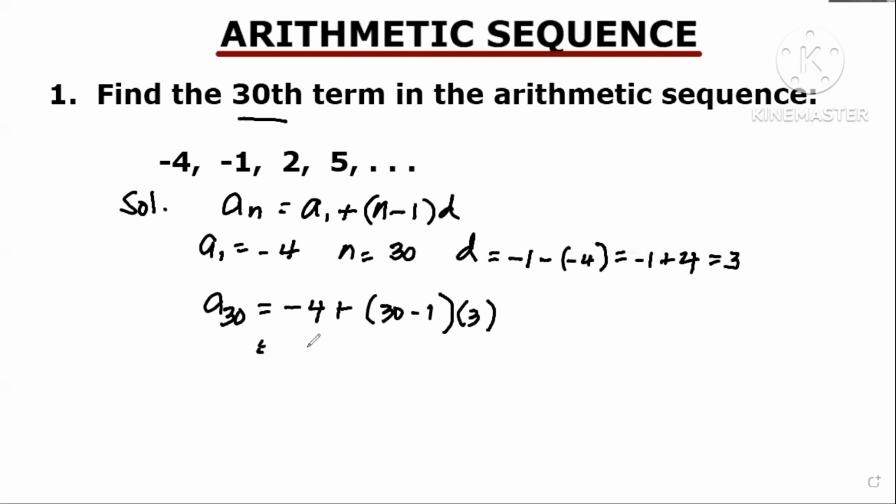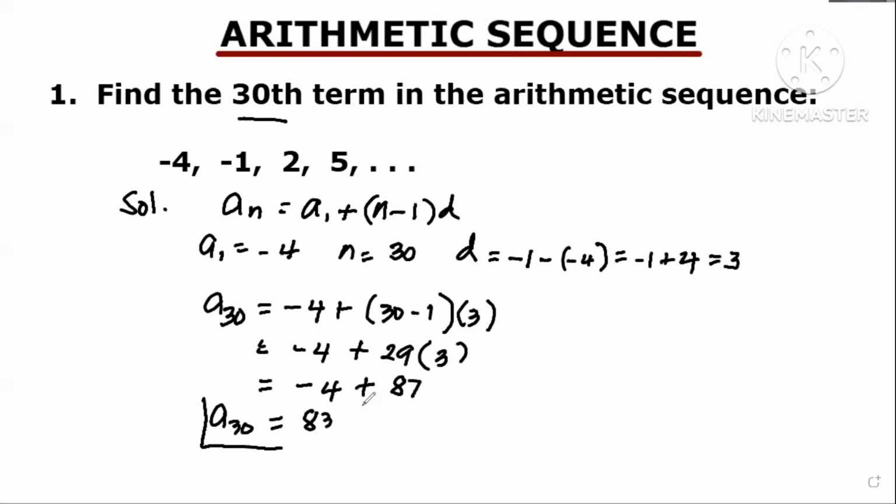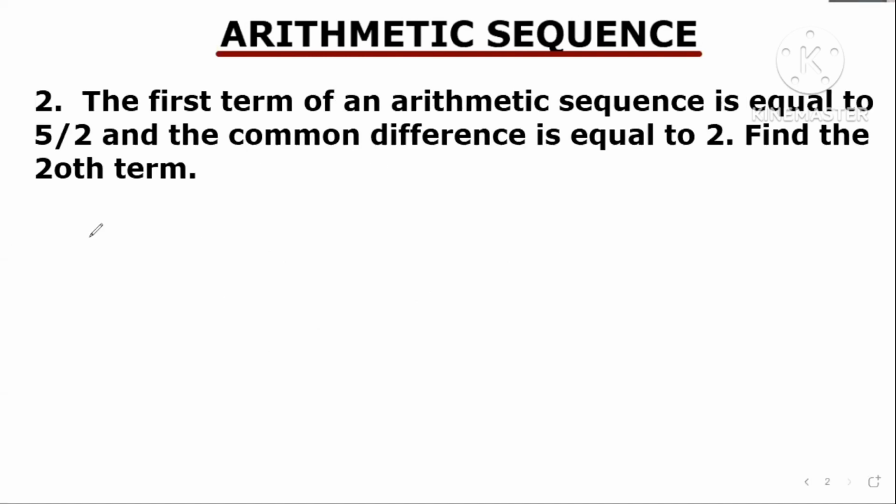So this is equal to -4 plus 29 times 3. 29 times 3 is 87. And -4 plus 87 is 83. So the 30th term is 83. That's it.